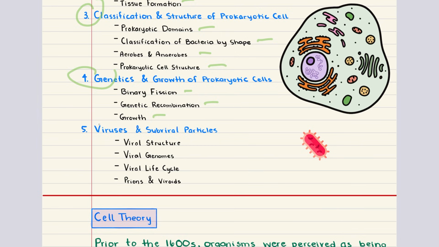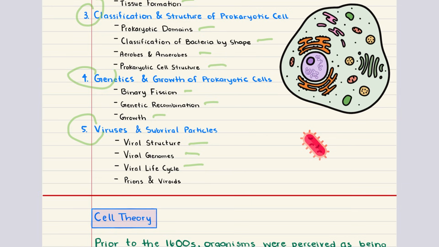Finally, we'll take a closer look at viruses and subviral particles. These aren't considered living cells, but they still play a major role in biology and in human health. We're going to examine what viruses are made of, how they replicate, and how they infect both prokaryotic and eukaryotic cells.